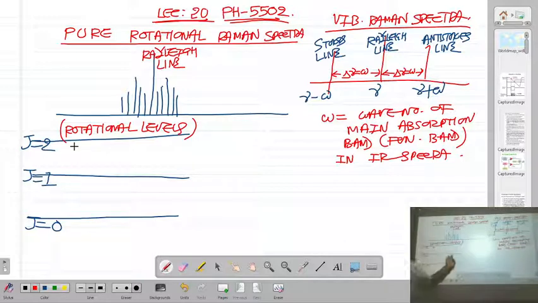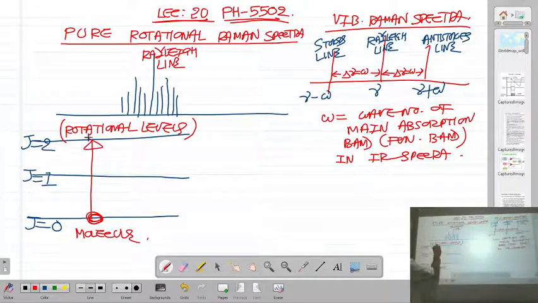When the molecule makes a transition from one rotational level to another rotational level, then we get pure rotational Raman spectra.